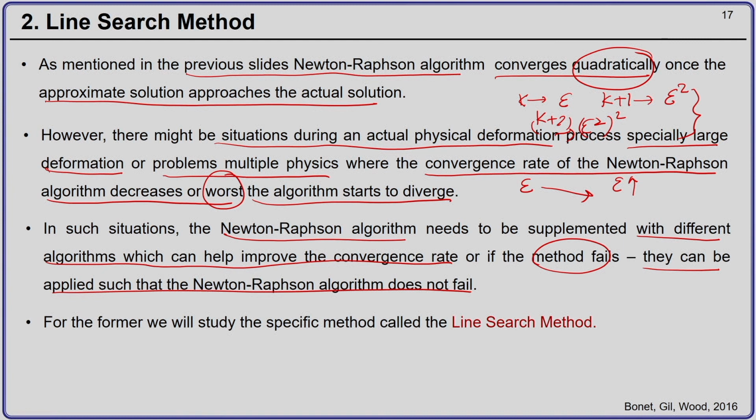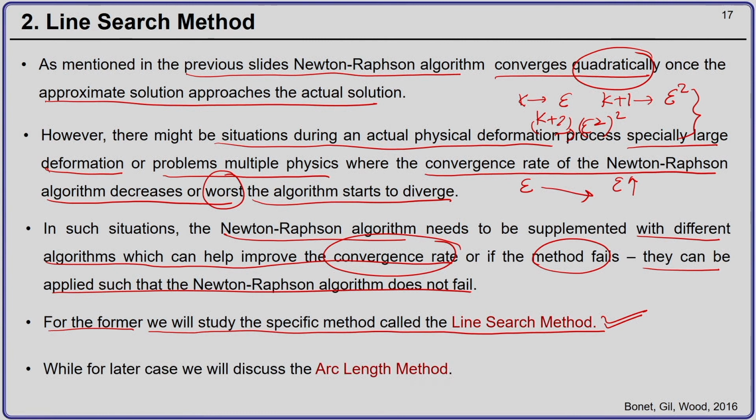Now, for the former, that is when the convergence rate of the Newton-Raphson algorithm is slow, we will study one specific method, which is called the line search method. And for the latter case, where the method starts to fail, we will apply what is called the arc length method.